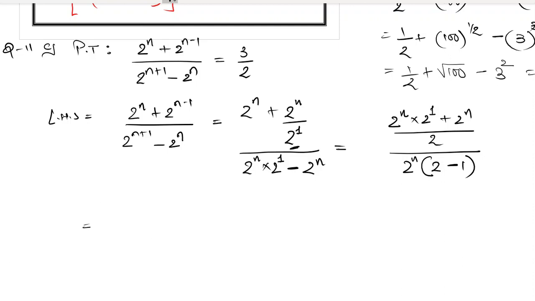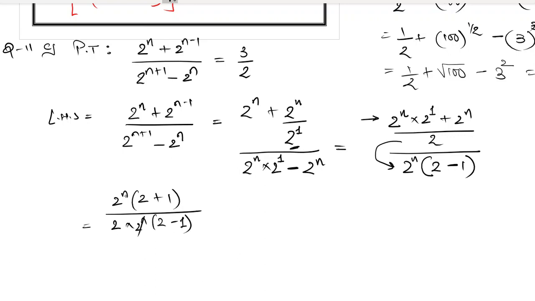So from the numerator, I'm taking out 2 raised to n common, and inside I'll be left with 2 raised to 1, which is 2 plus 1. This denominator 2 shifts down, so I'm going to get 2 into 2 raised to n bracket 2 minus 1.